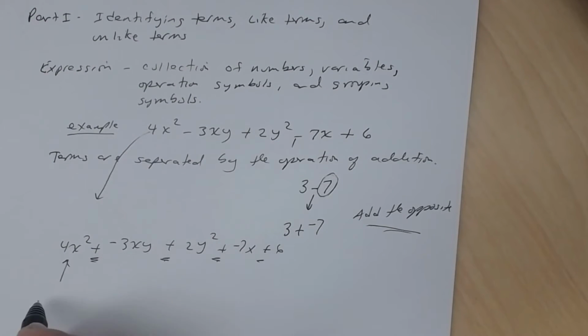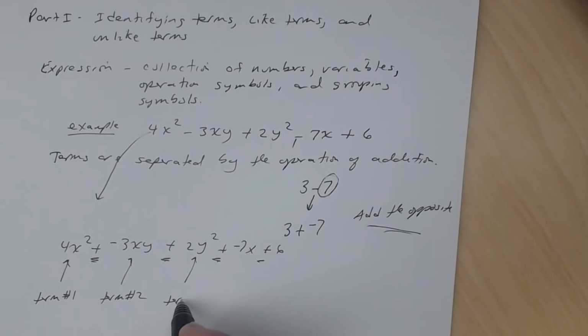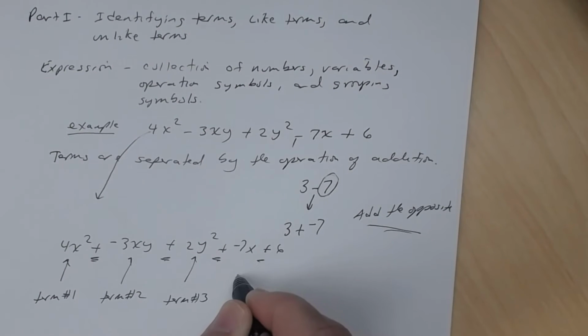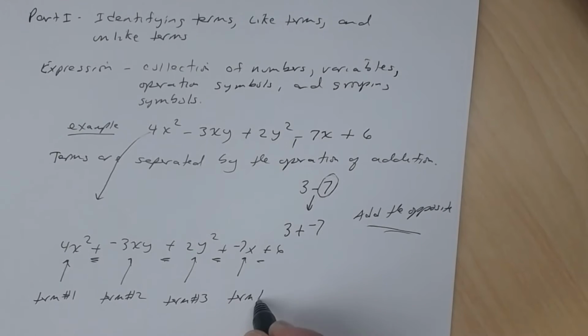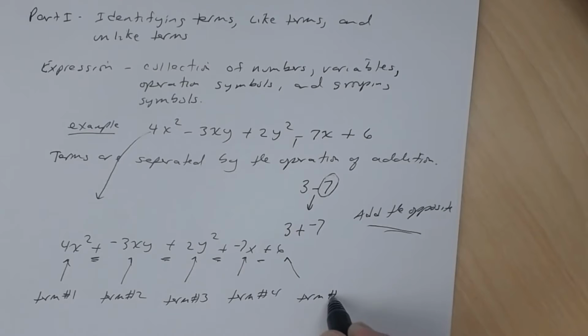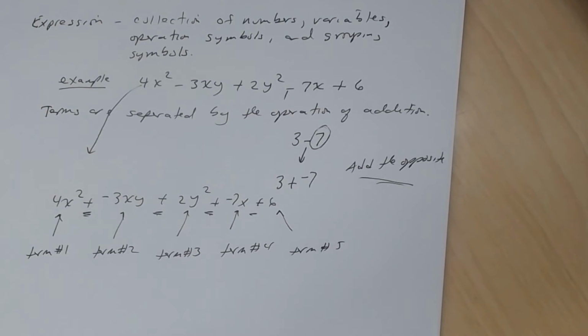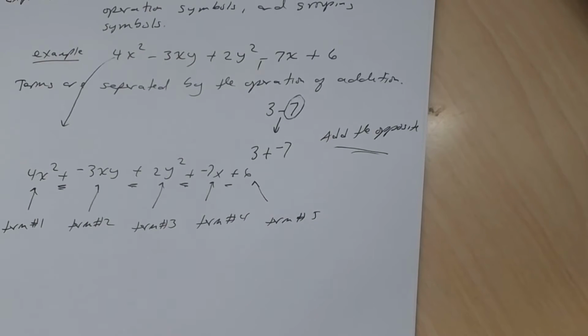So here's a term. This is term number 1. This is term number 2. This is term number 3. This is term number 4. And this is term number 5. So the question becomes, how many terms does this expression have?